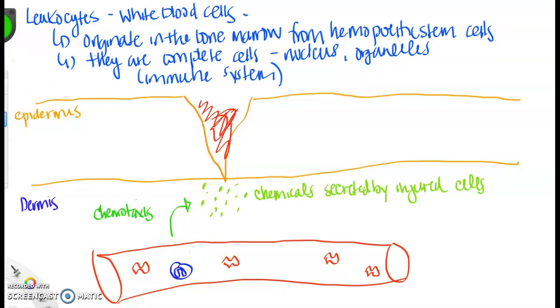So the white blood cell then is going to come up to the edge of the blood vessel, and it's going to kind of stick to it here. And if you remember, blood vessels, capillaries, the walls of capillaries are made up of simple squamous epithelium.